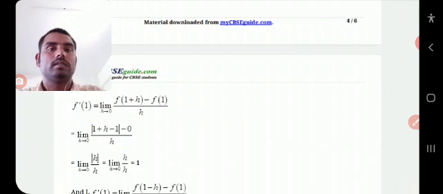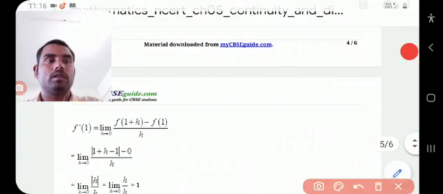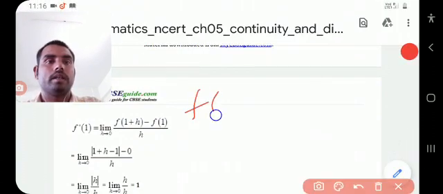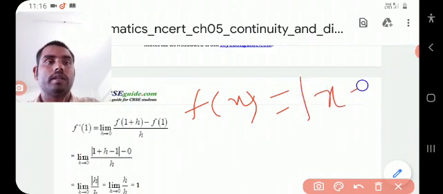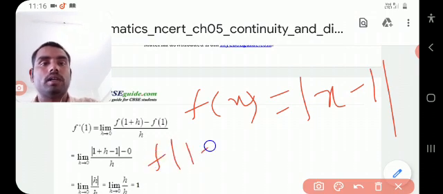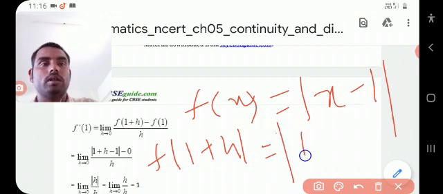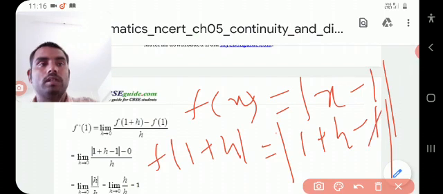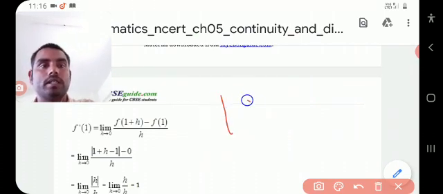You can put the value because f of x equal to x mod of x minus 1. You know the mod function. So f of 1 plus h, that means instead of x you write 1 plus h minus 1. So 1 cancels, and that means mod h.